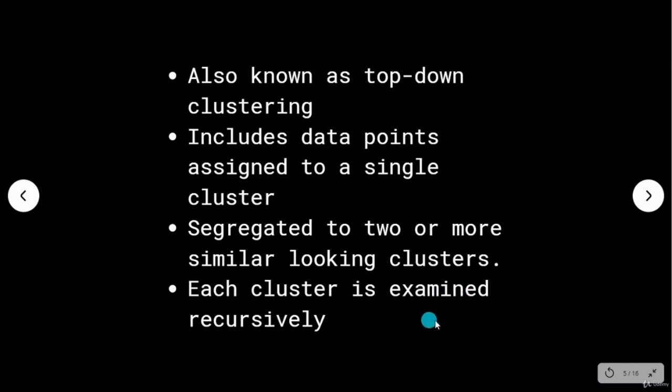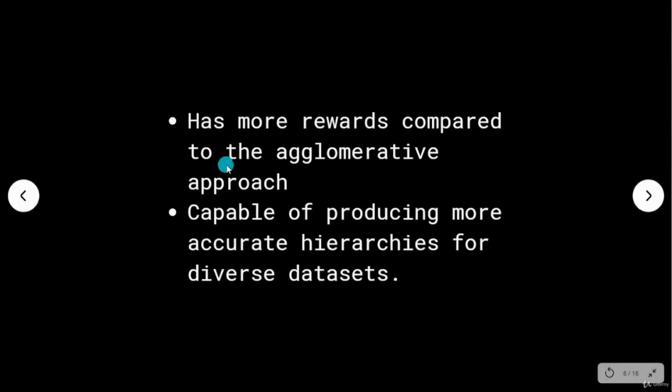Each cluster is examined recursively until the algorithm settles for one in the end. It is true that the divisive approach has more rewards compared to the agglomerative approach due to its capability of producing more accurate hierarchies for diverse datasets.